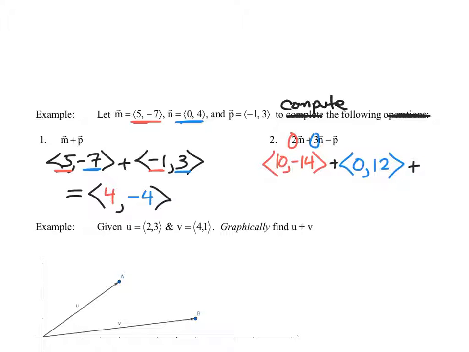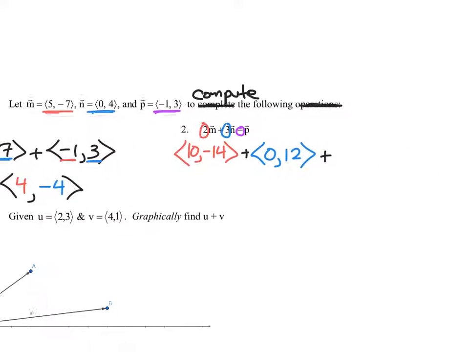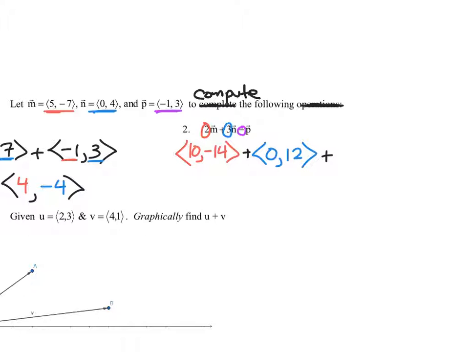And then the last one, I'm still going to use addition. I'm going to negate it just to make the addition ever so slightly easier. So 1, -3. I don't have to worry about mixing up operations. So 11. -14 plus 12 is -2. -2 plus -3 is -5.